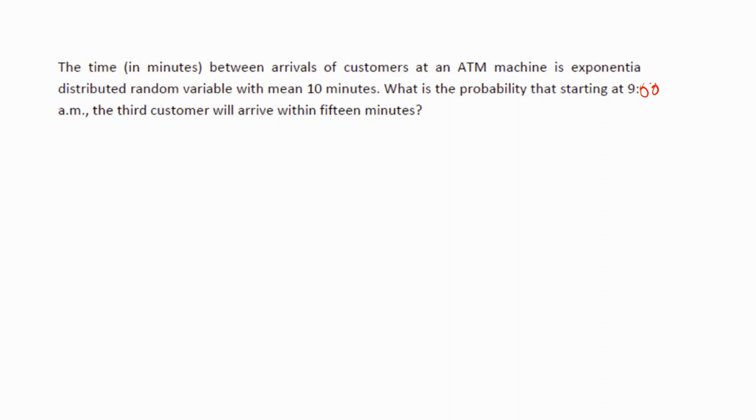So now it is within 15 minutes and it is exponentially distributed. But when we have n as a number, there is a relation between exponential and Poisson distribution. So when we have any number of customers arriving at this point of time, we use this Poisson distribution. So it is arriving within 15 minutes.